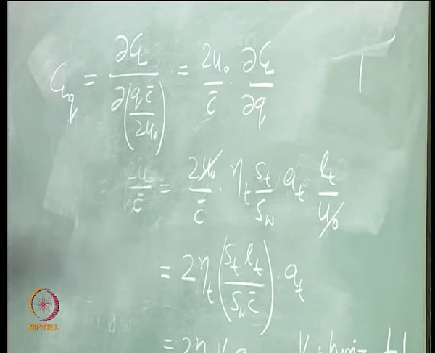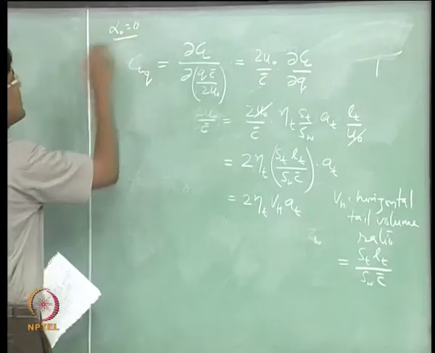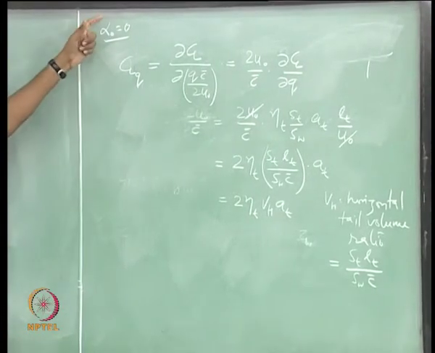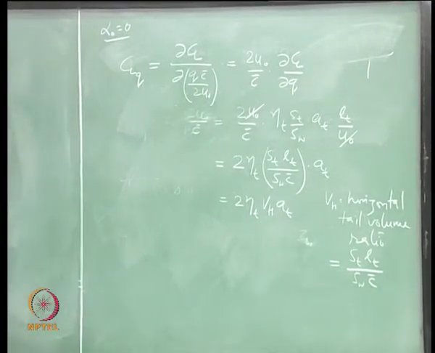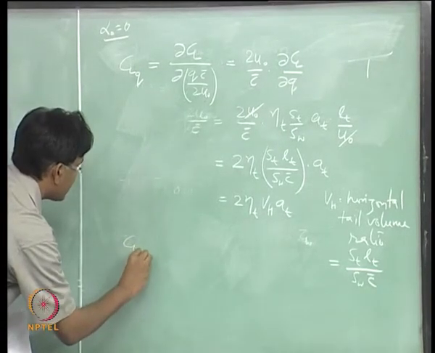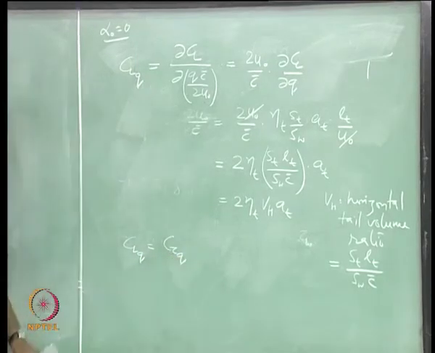So, in this particular condition, when I am doing everything around alpha naught equal to 0, I am trying to find out derivatives only for this trim condition, then CLQ is also CZQ.